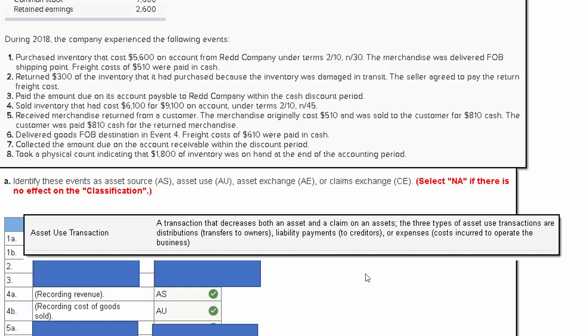Or we can have expenses, the various costs that are incurred to operate the business. And that's what this is. Cost of goods sold is an expense that we incur to operate the business. So assets are decreasing because the inventory is going away. We're recording the expense. As a result, this is an asset use transaction. Okay? I hope you found these helpful.